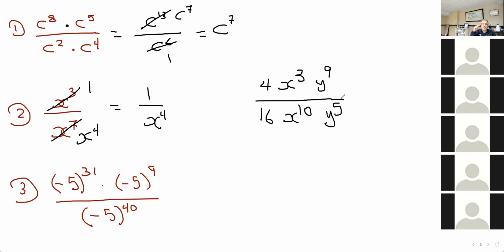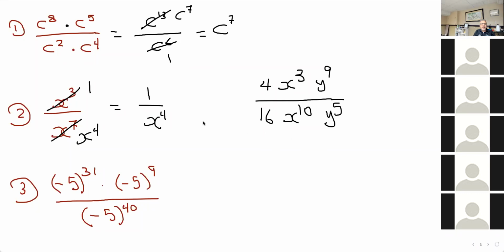Now pay close attention to what I'm going to say right now. When we have fractions, we reduce fractions. So that's what we do. We go for reducing. To reduce, you have to look at different things here. You have to look at the 4 and 16, the x on top and bottom, and the y on top and bottom.